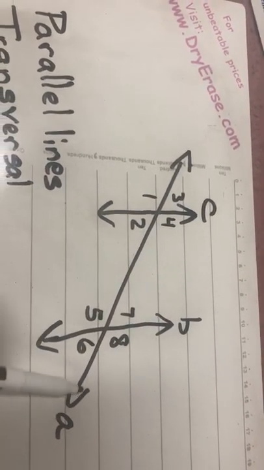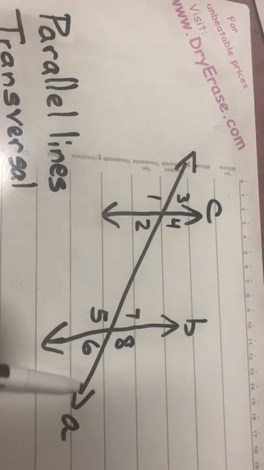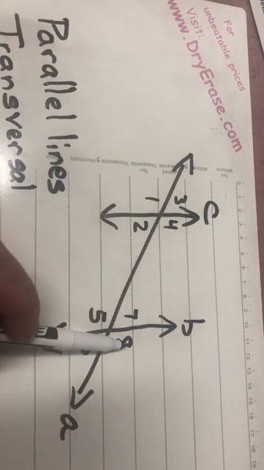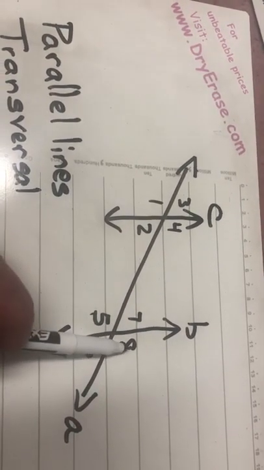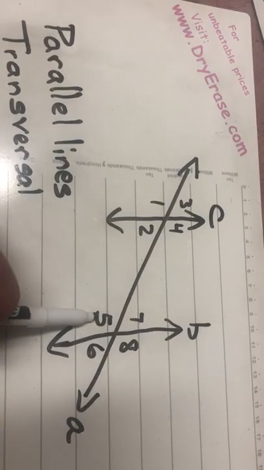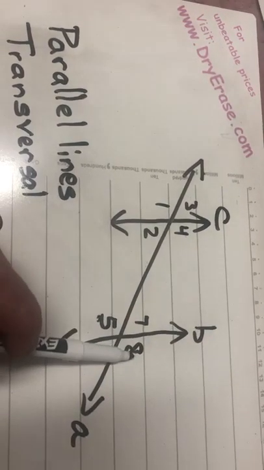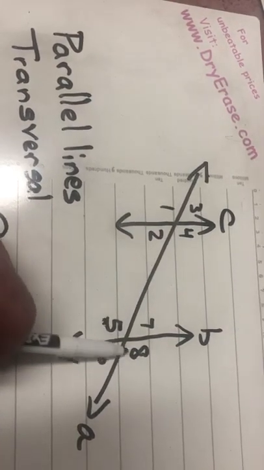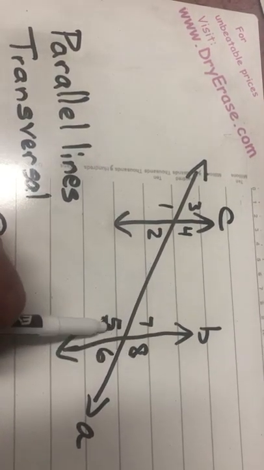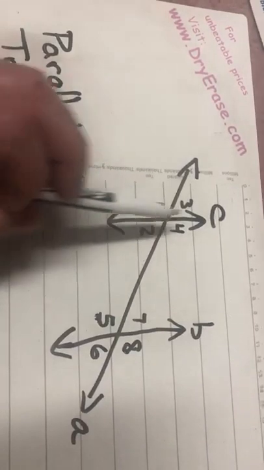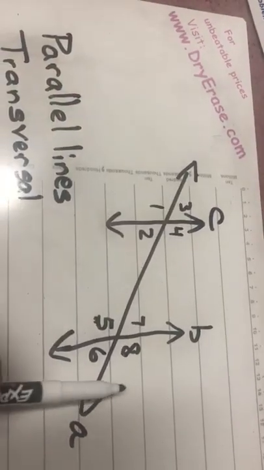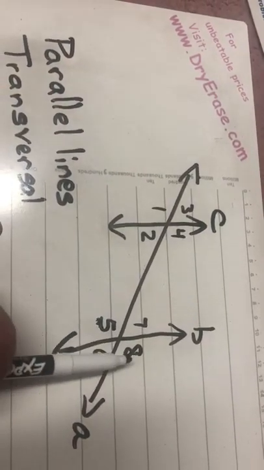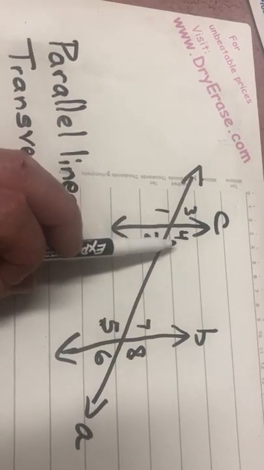Well, I should be able to see here that 8 and 5, as we've learned earlier this chapter, are opposite angles, which means they are congruent. So I know that 8 and 5 are congruent. And then if I come up here, since this is a parallel line, we're going to have corresponding angles. And 4 is in the same place as 8.